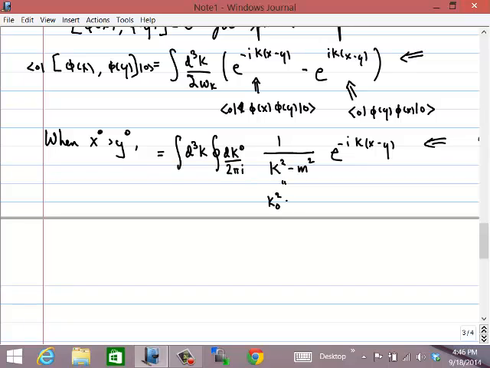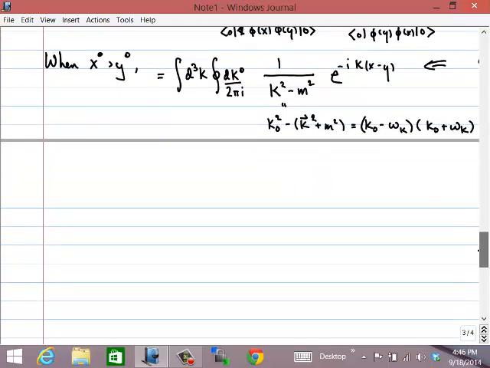It's k0 squared minus k vector squared minus m squared, or I could write that as k0 minus omega k times k0 plus omega k. So what we have here is an integrand which in the complex k0 plane has 2 poles, one at k0 equals minus omega k, and the other at k0 equals plus omega k.